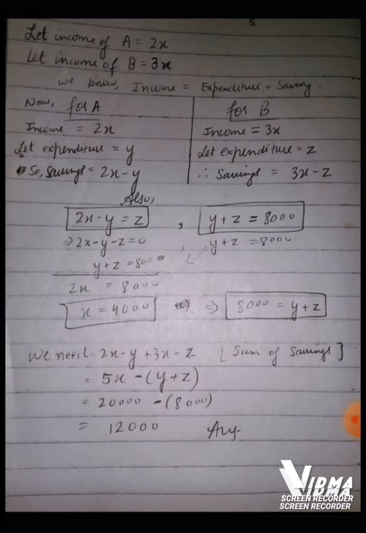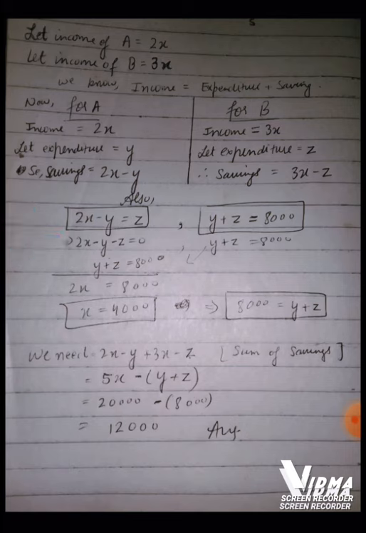Now we have to somehow manipulate these equations and get the value of what we require, right? Firstly, we can notice that this first equation could be written as this one, right? So I've manipulated it a bit by shifting z to the left hand side.